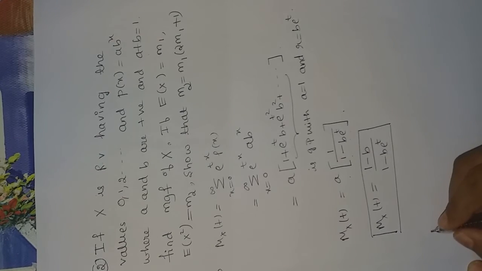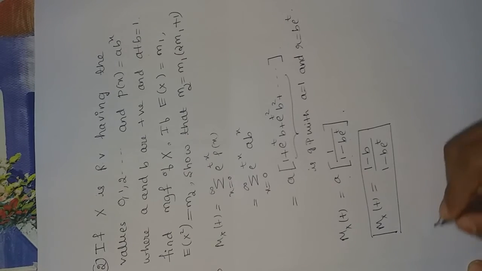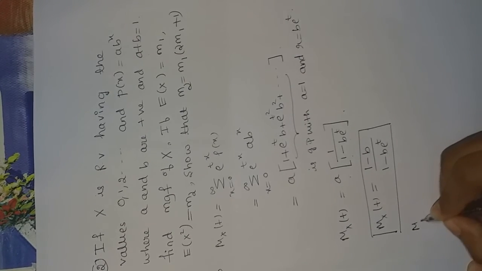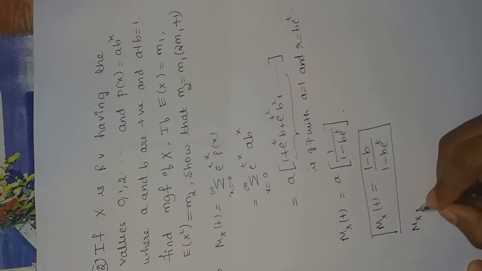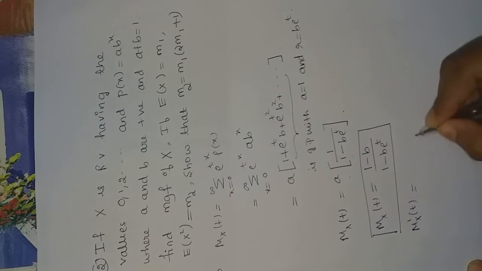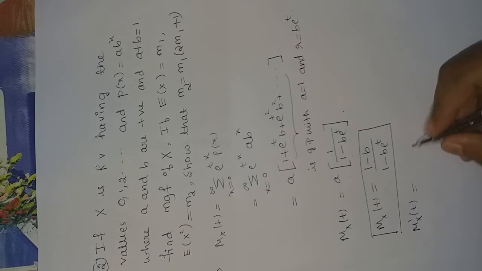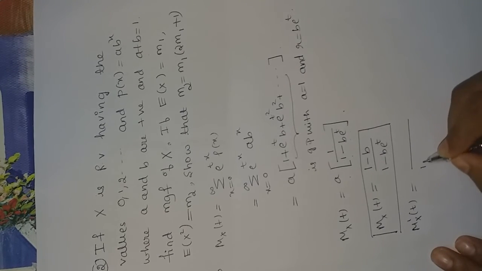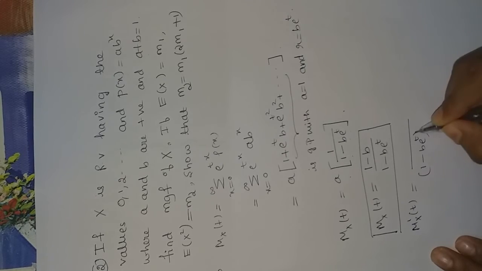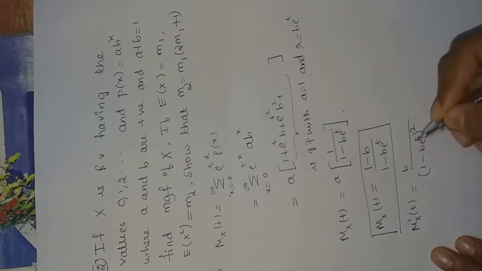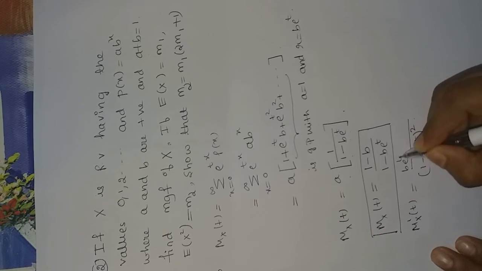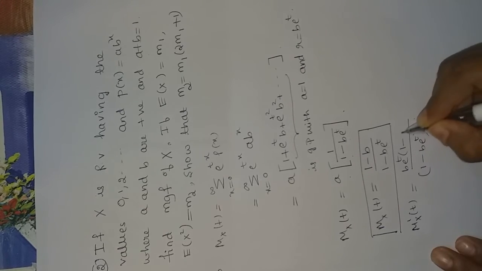So next let us find expectation of x, that is Mx dash of 0. For that we have to differentiate Mx of t with respect to t once, using the quotient rule. We get 1 minus b into e power t whole square in the denominator. In the numerator, it will be b into e power t into 1 minus b.